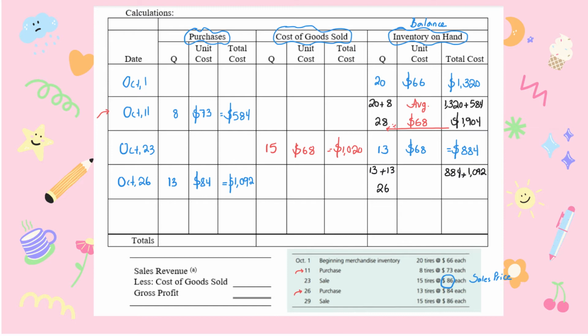So 884 plus 1092, it's gonna be 1976. Now to find the average unit cost, I need to divide the total cost divided by number of units. So it's gonna be 76.